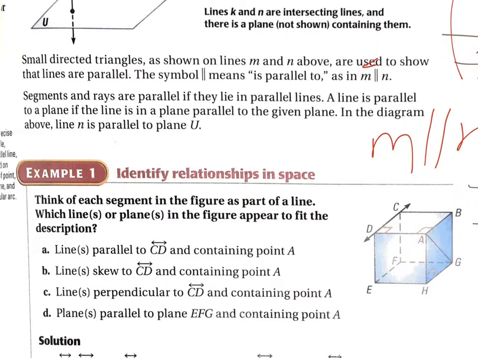Well, I think this is a good time to pause and say, be careful reading the instructions on these. This question says, which lines or planes in the figure appear to fit the description? As I've said, one thing you need to be super careful about in geometry class is they love to make things look like they are something, but they are not.